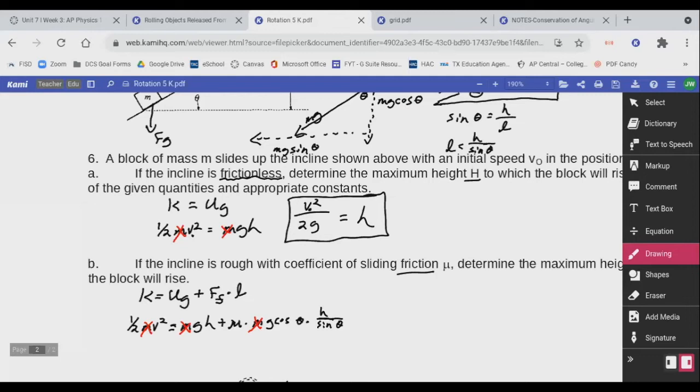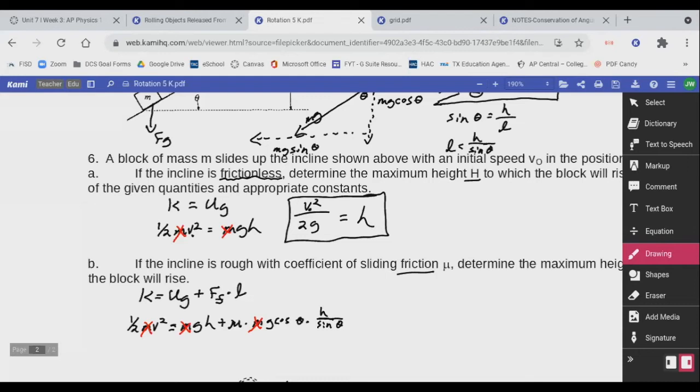Could you please explain why you put L in the equation again? Okay, I hope I'm answering for both of you. So the reason we have L in the equation is that's an energy equation. And we started with a certain amount of energy, and then that energy was broken into 2 other types of energy. Energy taken by friction and energy that was converted into height, also known as gravitational potential.